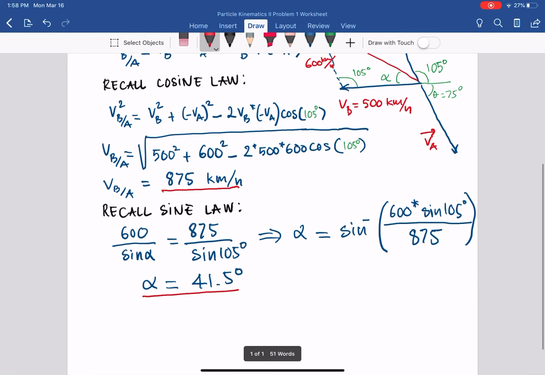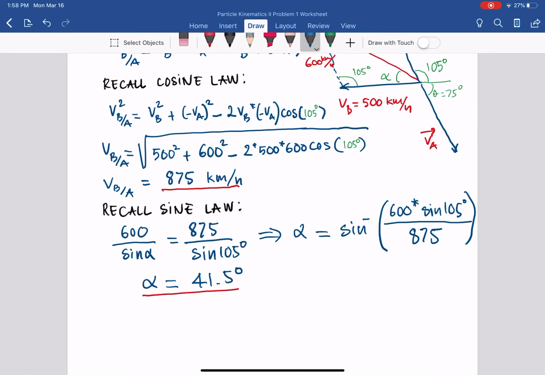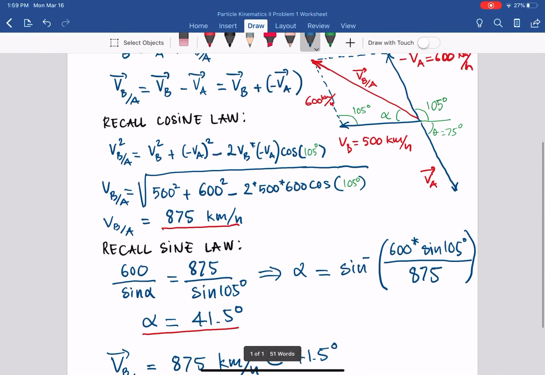So you can answer the velocity of plane B relative to A equal to, same as you do with 2D forces in the very first few lessons of our statics class, 875 kilometers per hour at 41.5 degrees. In this case, as you can see, from the negative x-axis, it goes that way, so it will be clockwise, right?